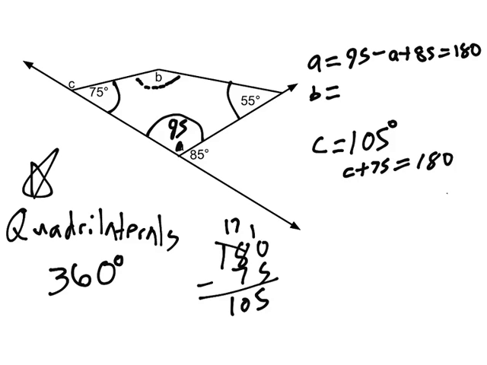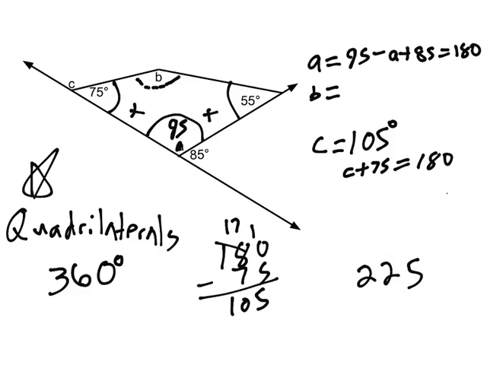So what I can do real quick is I can add up the other 3 angles for a minute. So if I add the other 3 angles up, if I take 75 plus 95 plus 55, that's going to equal 225 degrees. So these 3 things added up is going to be 225 degrees.